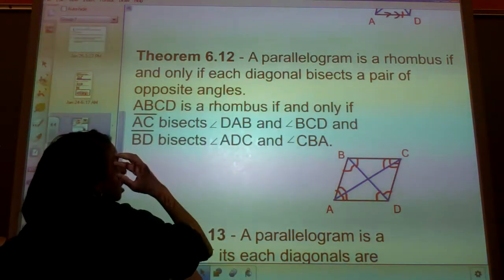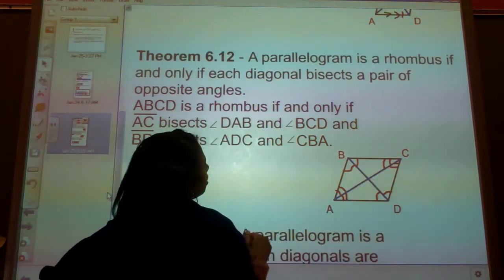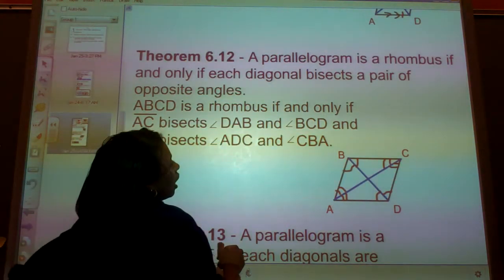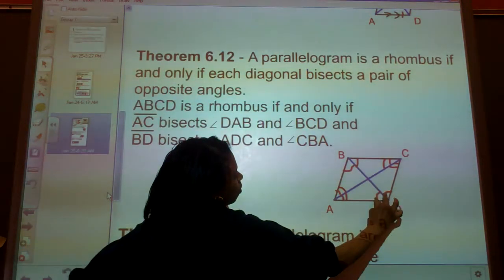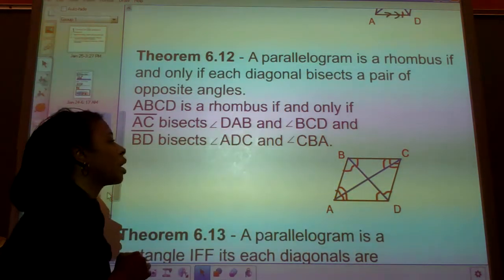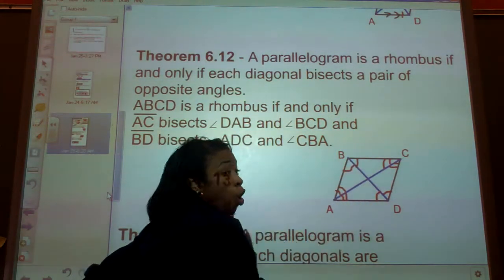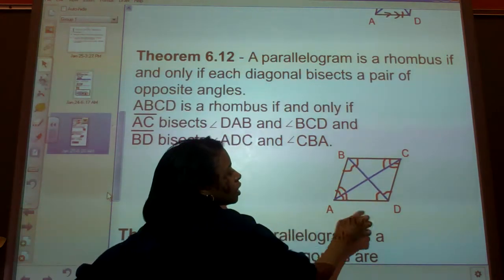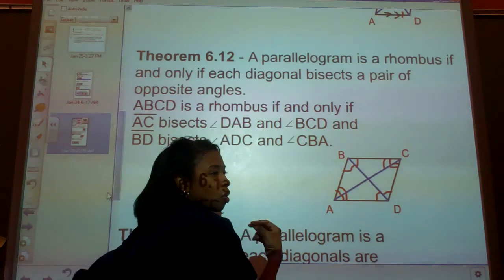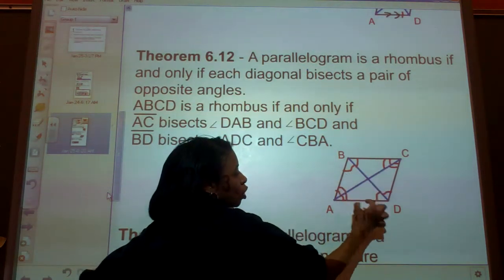It's going to bisect angle ADC and angle CBA. These two angles will be congruent. Let me back that up just one more time. So we have the diagonal BD on a rhombus. Remember, we're talking about the rhombus. This particular diagonal BD is going to bisect that angle B into two congruent angles.